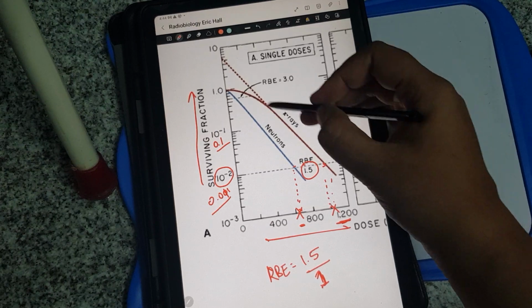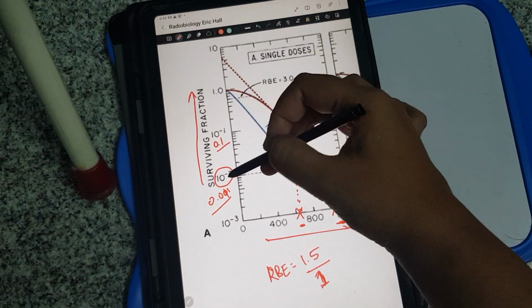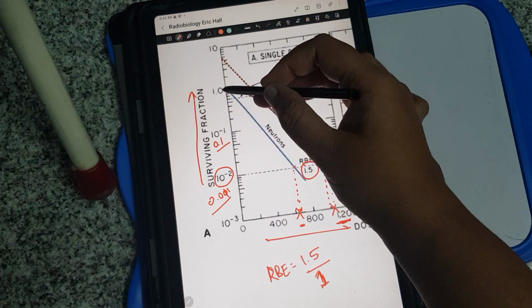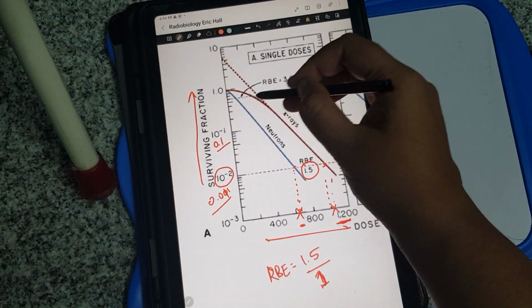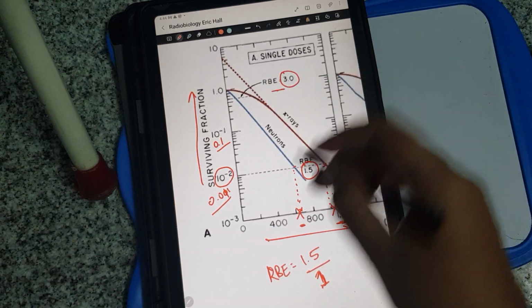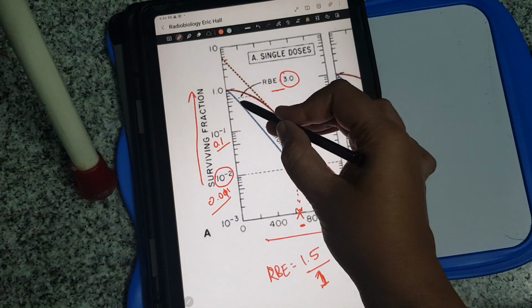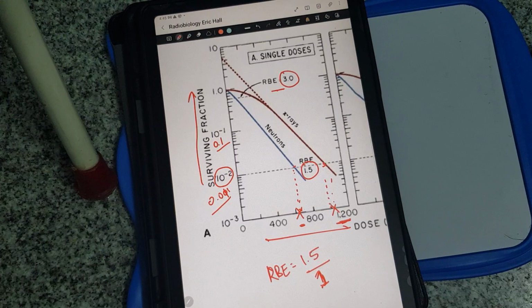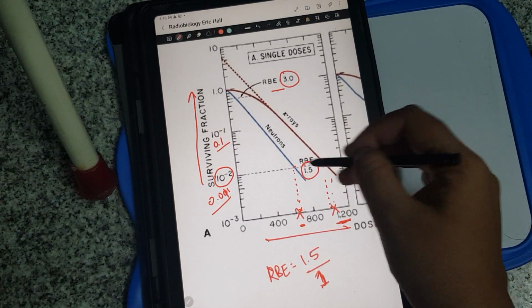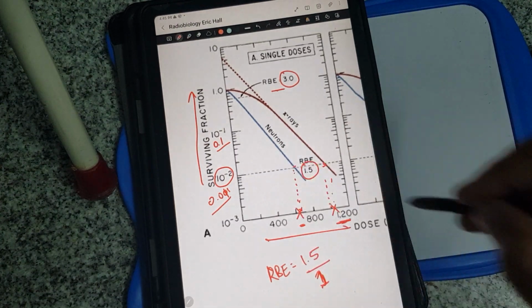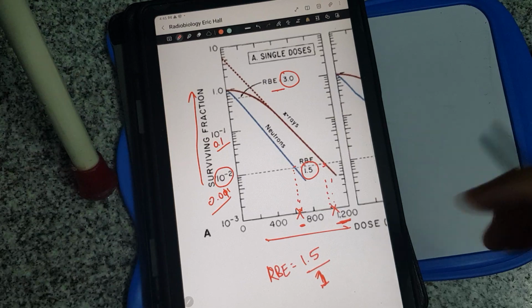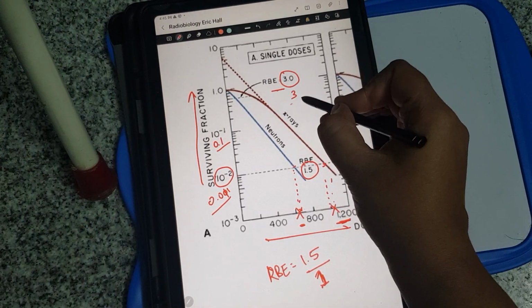But when the cells were more, this is the lesser surviving fraction, right? When the cells were more, the RBE difference was more. So when the cells are more, the neutrons had a better effect compared to when the surviving fraction was less. So here it is like RBE 3 by 1.